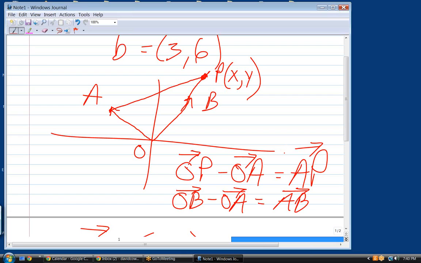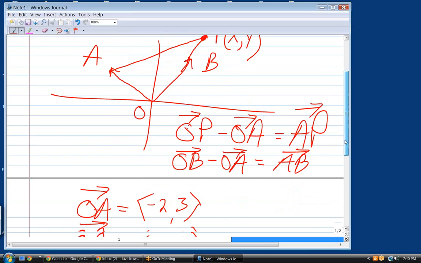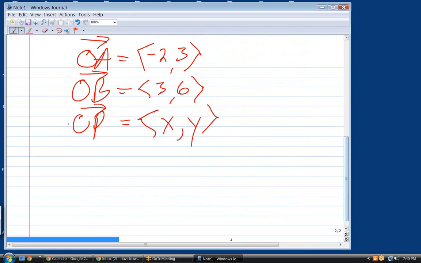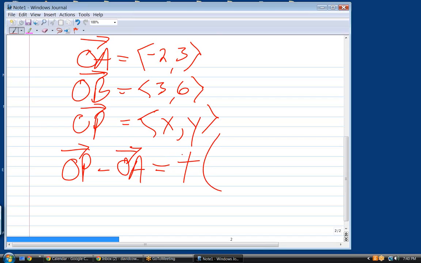Now, this is the next step that is a little tricky, and that is that this is what makes it all make sense. If I take my original OP minus OA vector, then that has to equal some scalar multiple, t, times OB minus OA.